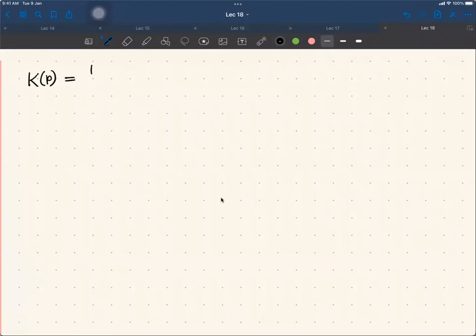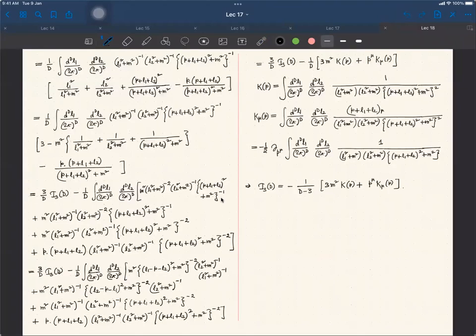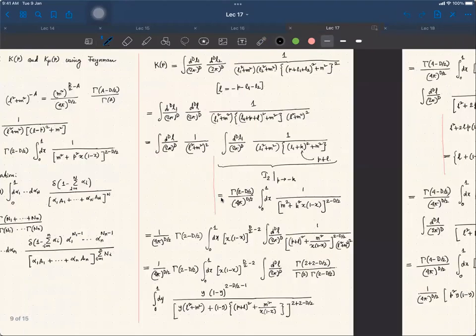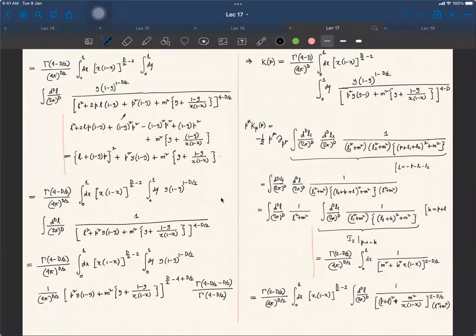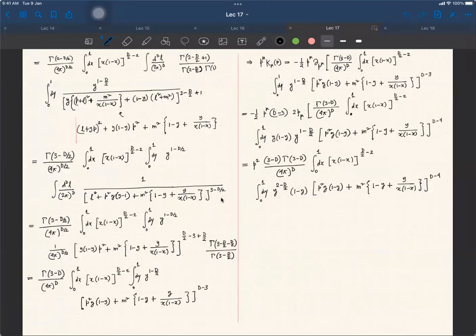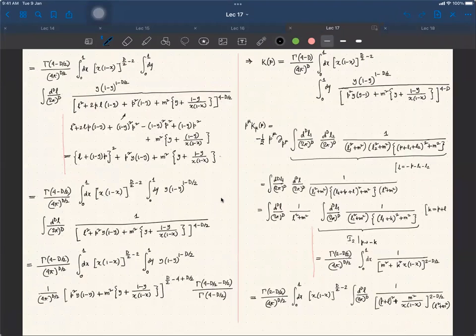And that result is gamma 4 minus d divided by 4 pi to the power d. Let's see where Kp was calculated. This is the result for Kp.